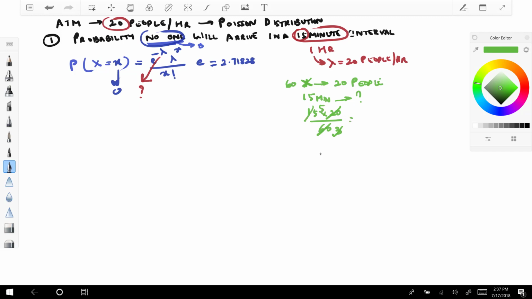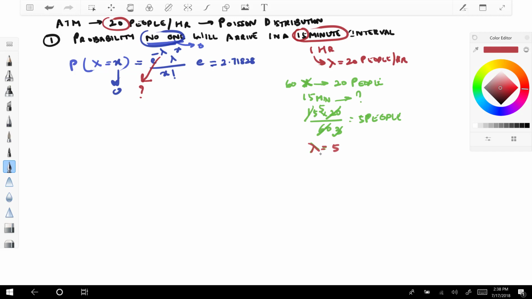So 5 people will arrive every 15 minutes. So our new lambda would be, maybe I will write in a different column, 5 people for every 15 minutes. So now I can substitute the values.